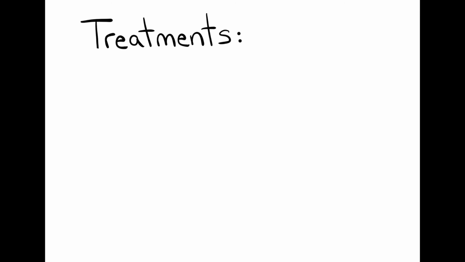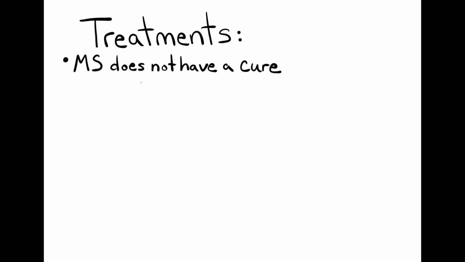There's no cure for multiple sclerosis, but there are treatments which can help manage symptoms, improve function and mobility, and treat flare-ups. Treatments vary depending on factors such as age, overall health, past health, level of sickness, and personal preference.